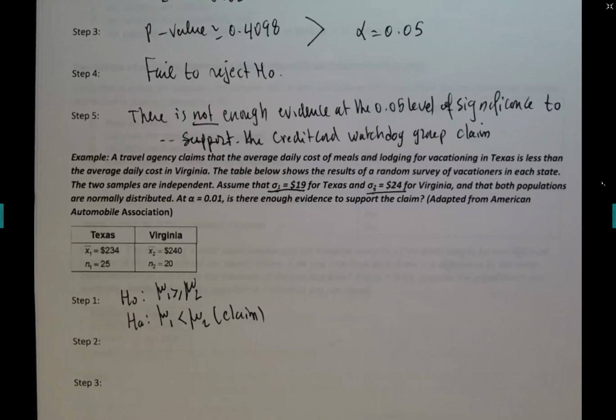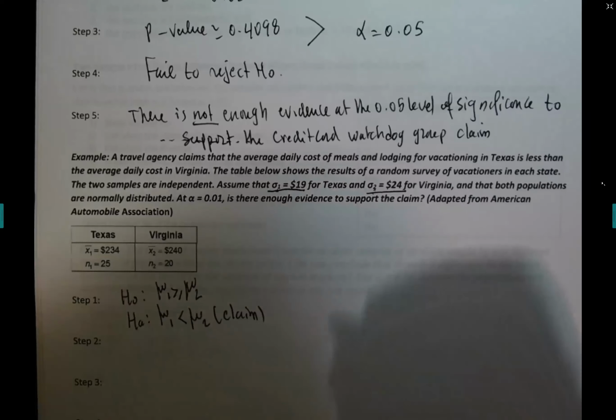If he says the populations are normally distributed, then the 4th condition is met. At alpha equal 1%, is there enough evidence to support the claim? And guys, I didn't make up those exercises. It's adapted from the American Automobile Association. All right, so it's a 2 sample Z test.